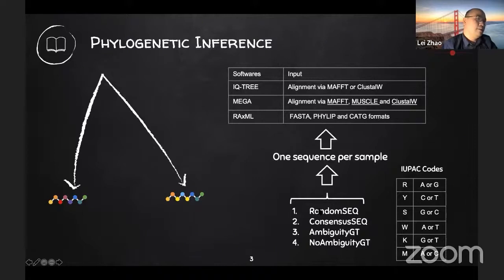So I listed maybe 4 different strategies to generate this kind of long sequence. Maybe some of them are still used by current biologists. The first one is, for each sample per site, you randomly choose one nucleotide read, and you can reconstruct this kind of pseudo-haploid genome.